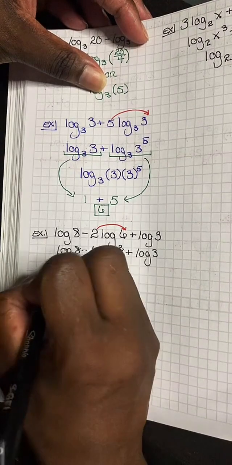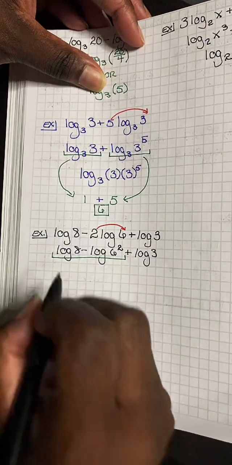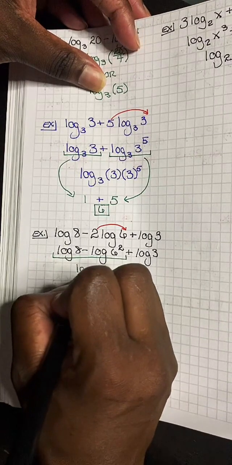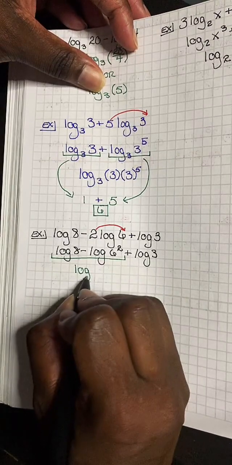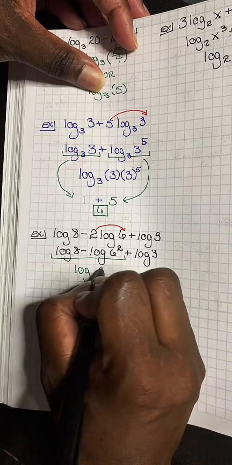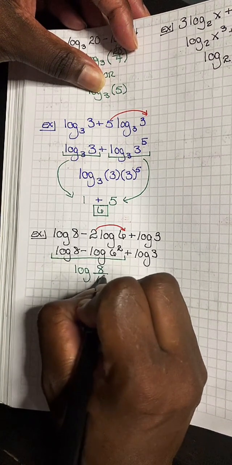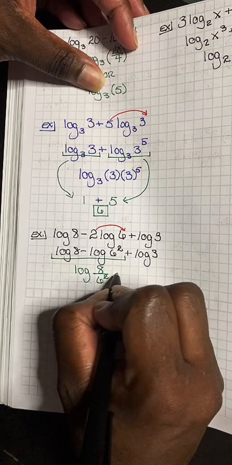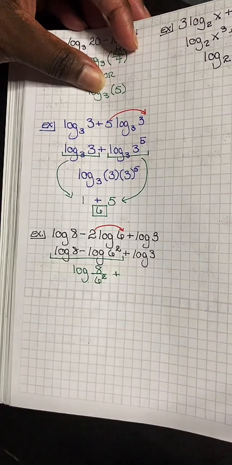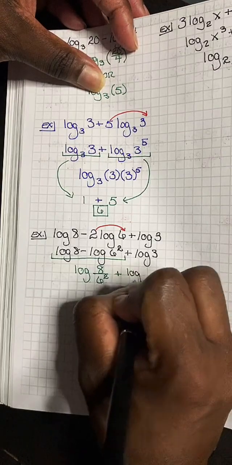So let's work. I want to work from left to right so we can keep with the same patterns. So we have that log base 10. My 8 is going to be my numerator. My 6 squared is going to be my denominator. Then we still have this plus log of 3.